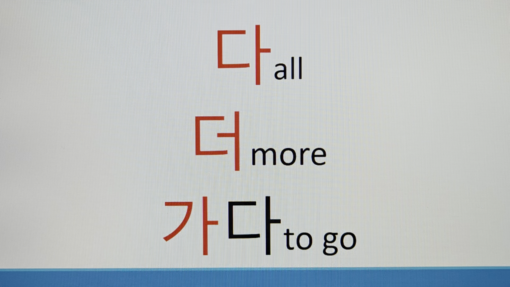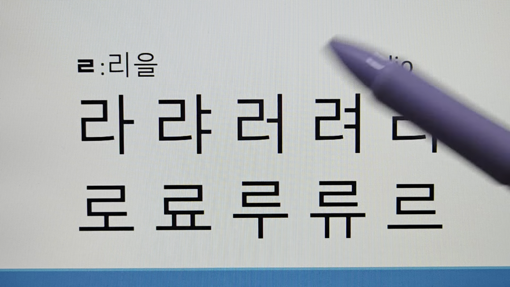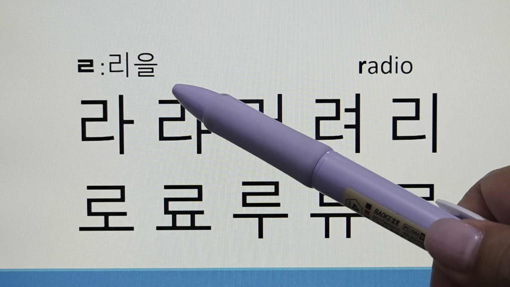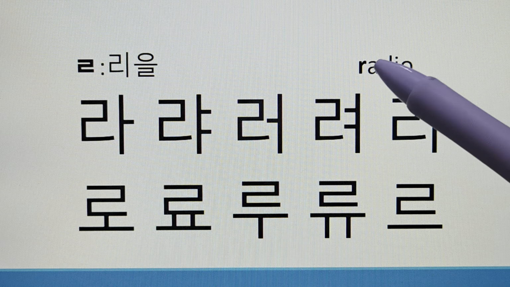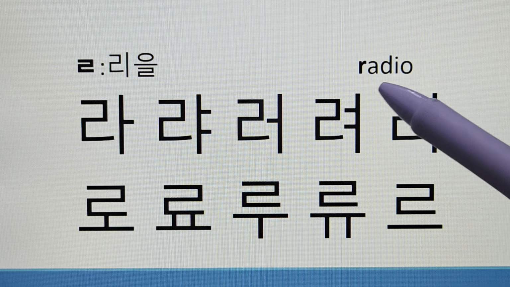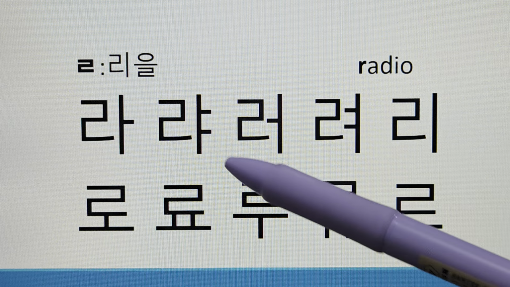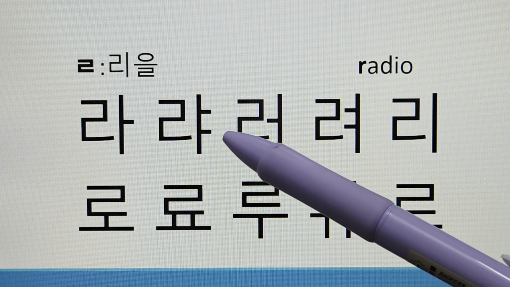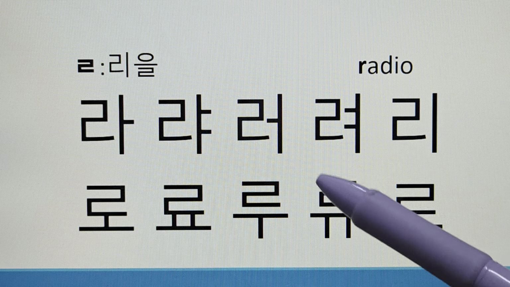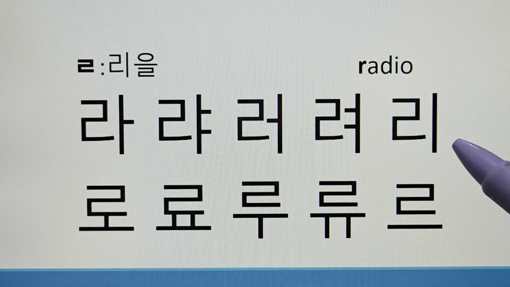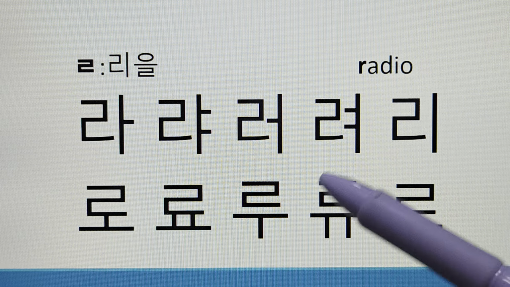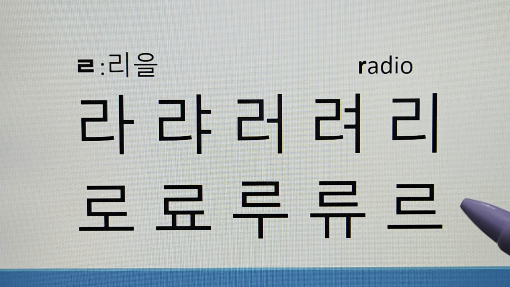Now the next consonant is 리을, 리을, 리을. This one makes a sound like R in radio, in simple syllables. Ra, ria, ra, ria, ri, ro, ryu, ru.